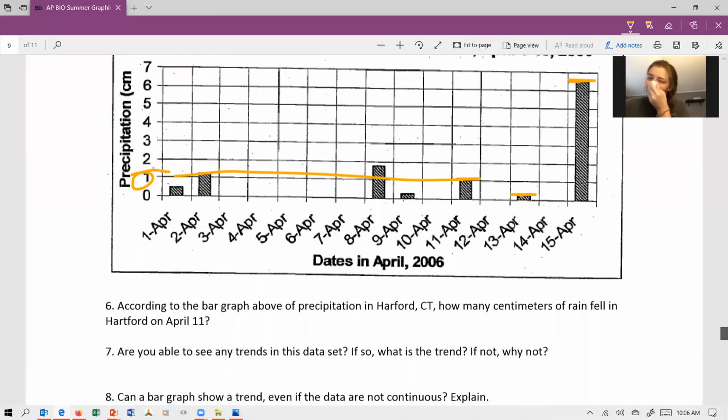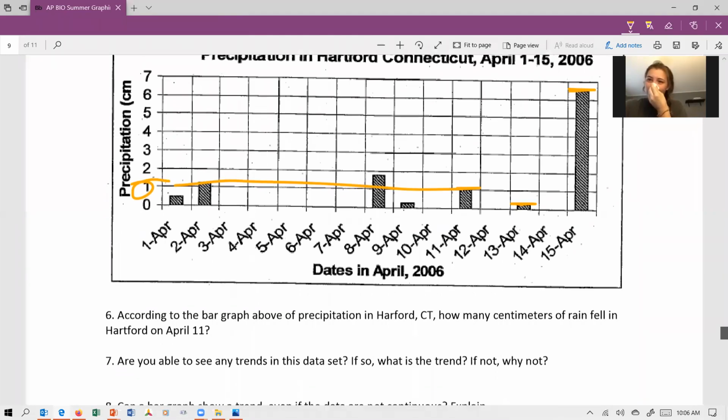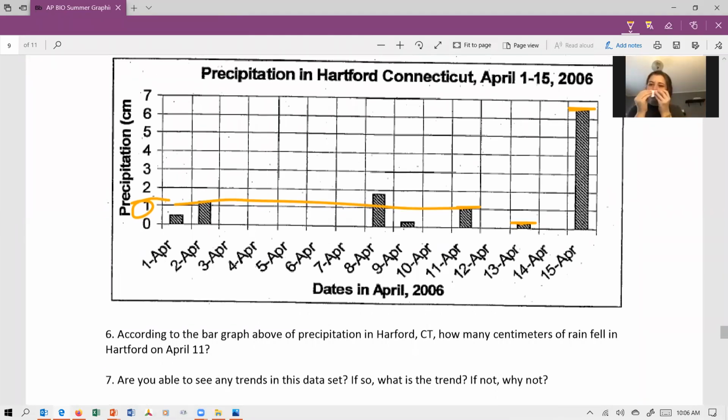Are you able to see any trends of this in this data? What do you think? Are there trends? Well, from like the 3rd of April till the 7th of April, there's no rain. Okay, but can we use that to predict anything about the future, or can we see a trend that we can make any dealing with?